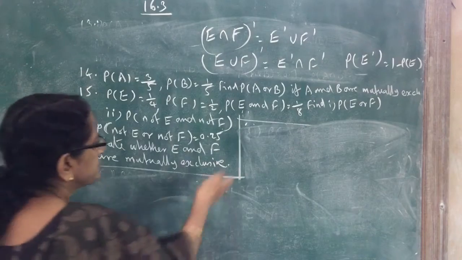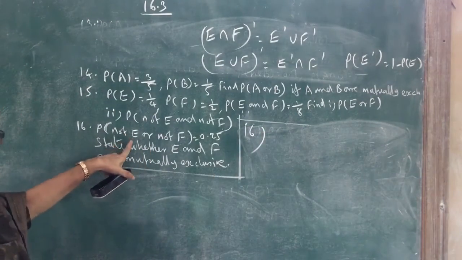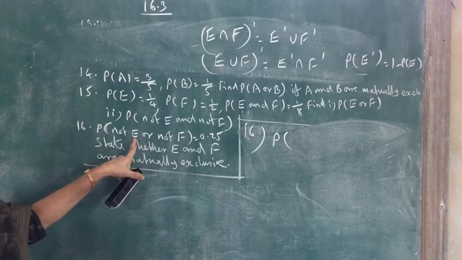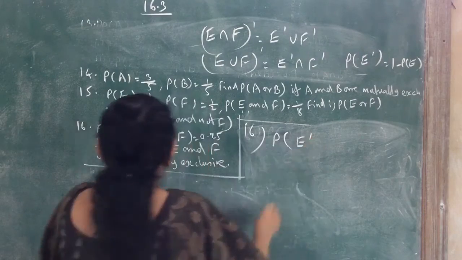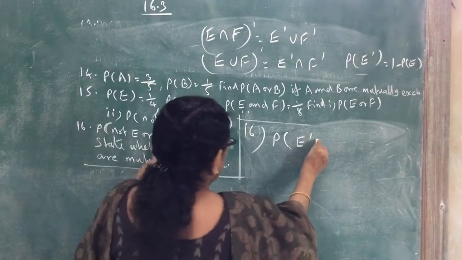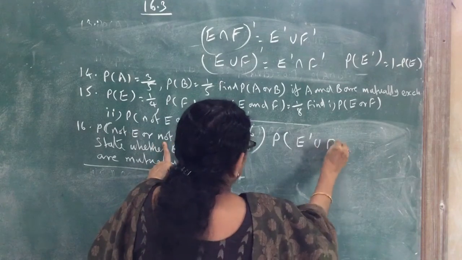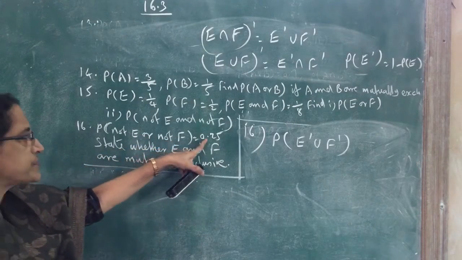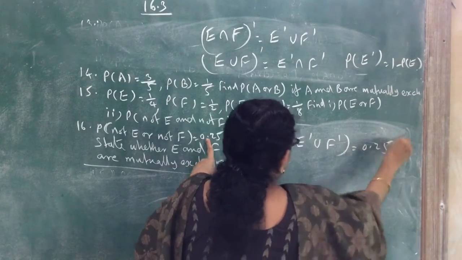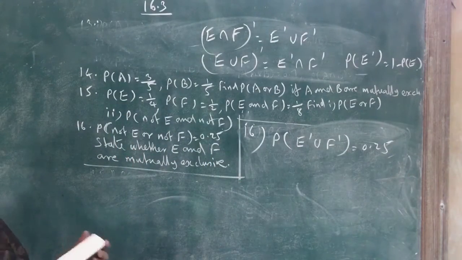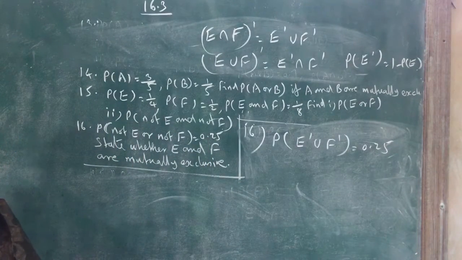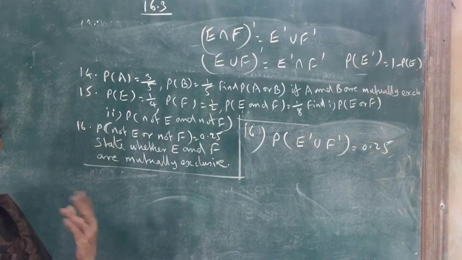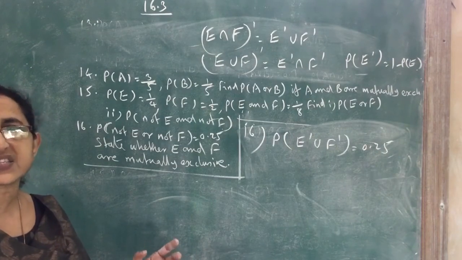So given that probability of E dash or F dash, not E union not F, equals 0.25, we can find probability of E intersection F. If we find it, we can understand whether E and F are mutually exclusive. When E and F are mutually exclusive, probability of E intersection F equals 0.